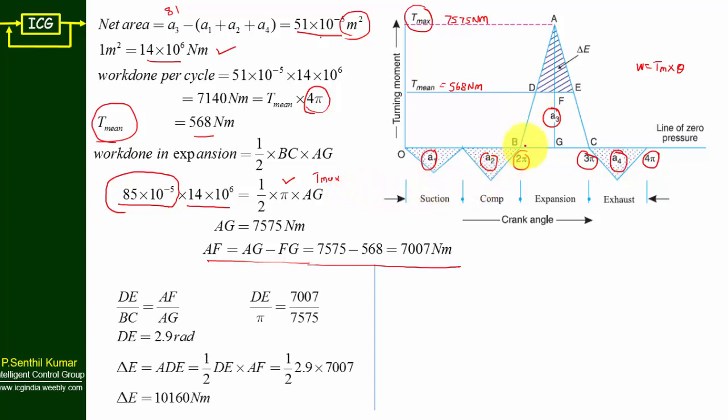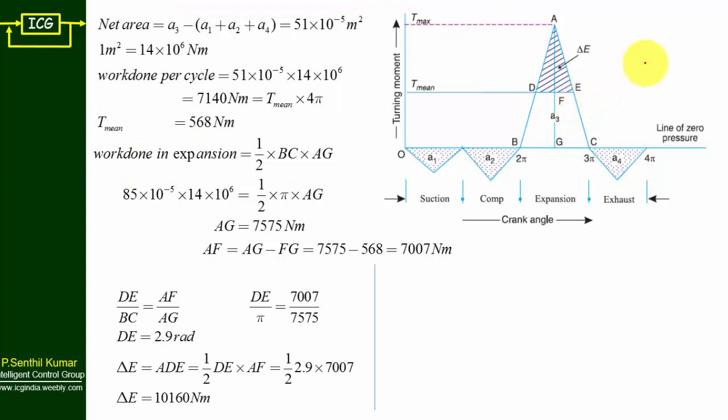Now to find the area of this triangle, I need the DE value, but DE is unknown, BC is known. So I'm going to use the ratio of triangles. Let me erase everything. The ratio of triangles means you have two isosceles triangles, ADE and ABC. ADE is triangle 1, ABC is triangle 2.